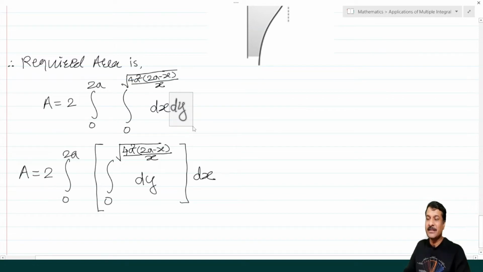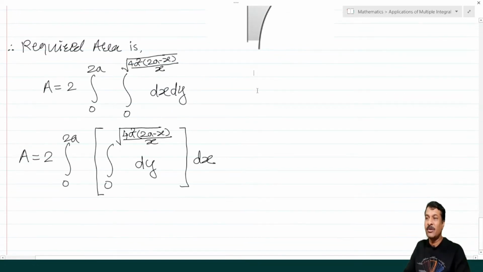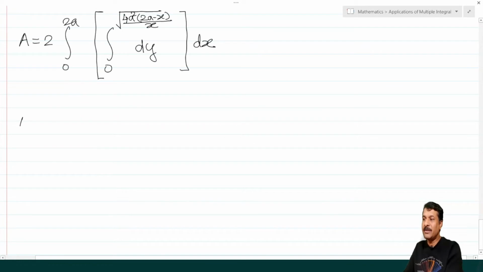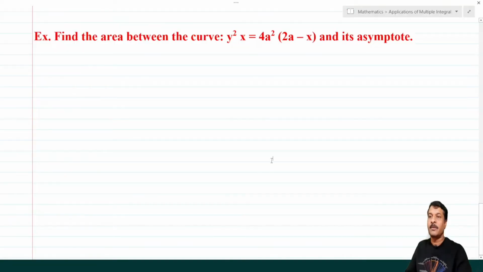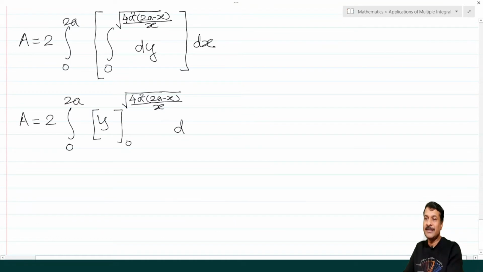The integration is nothing but y, lower limit, upper limit. Stepwise, the area equals 2 times the integration from 0 to 2a of y, substituting the limits 0 and the square root of 4a squared into (2a minus x) upon x, and dx as it is. Upper limit minus lower limit.